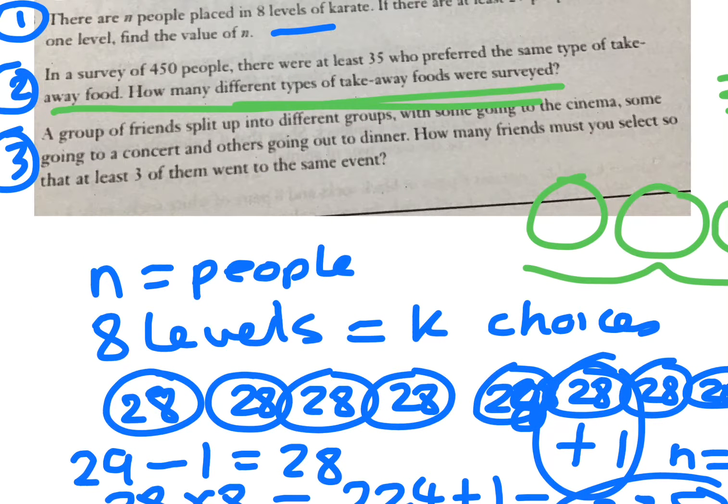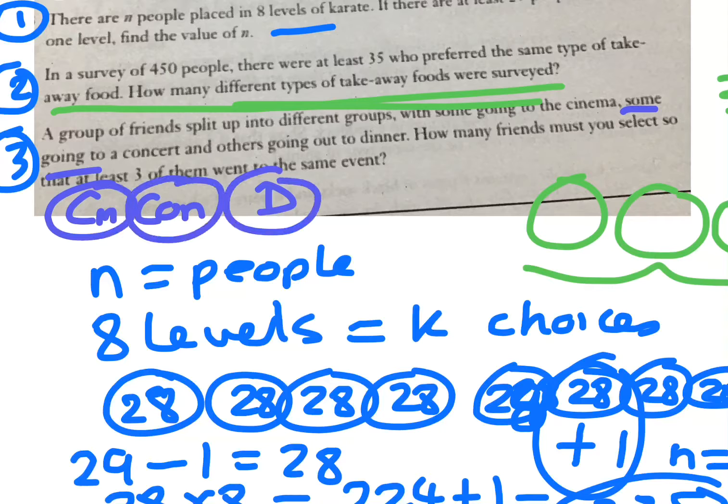Okay, so now let's look at the next one. A group of friends is split up into different groups, with some going to the cinema, some going to a concert, and others going to dinner. So we've got 3 choices here.